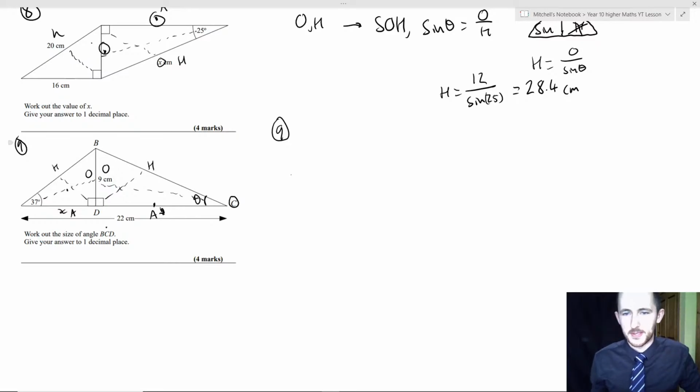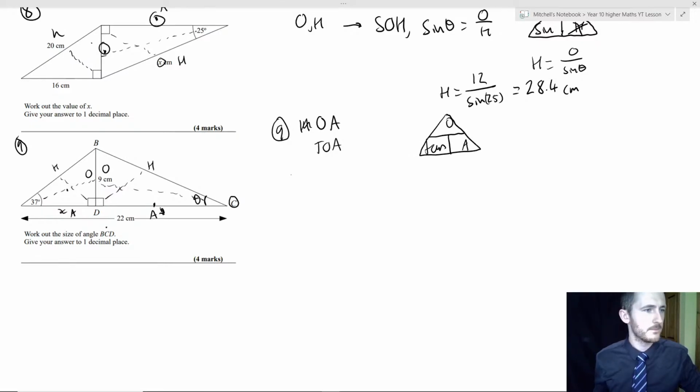So if we speed up a little bit now that I think we've got a bit more comfortable, we want opposite and adjacent. If you remember that, that is TOA, right? So if we write that out, adjacent.